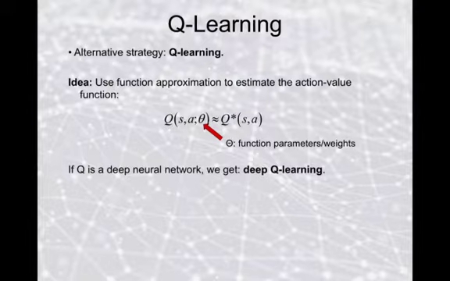Just think of reinforcement learning appended with deep neural networks. Technically, they're going to be deep convolutional networks, because they're using image data, which I'll talk about in the next lecture. But the point is, we're going to approximate these state-action pairs using a deep neural network.